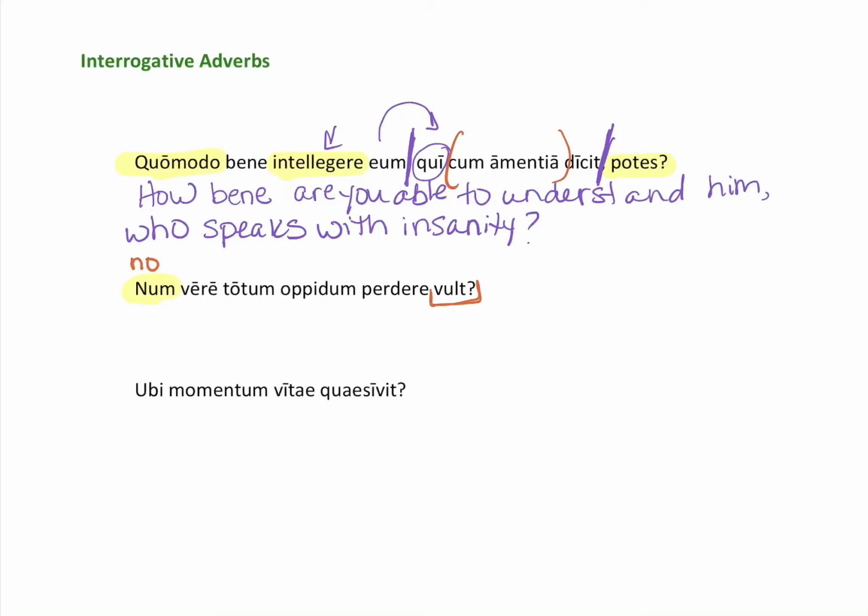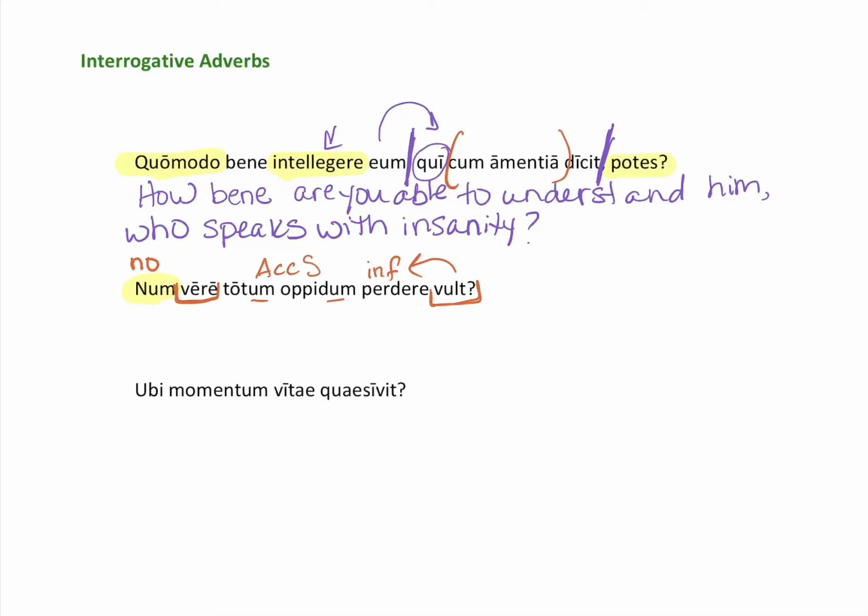We also have, pay attention, another adverb. It's not next to the verb that it modifies. We've got to pay attention to that. We also have an infinitive here, and vult will take an infinitive after it. And then totum oppidum, they belong together.